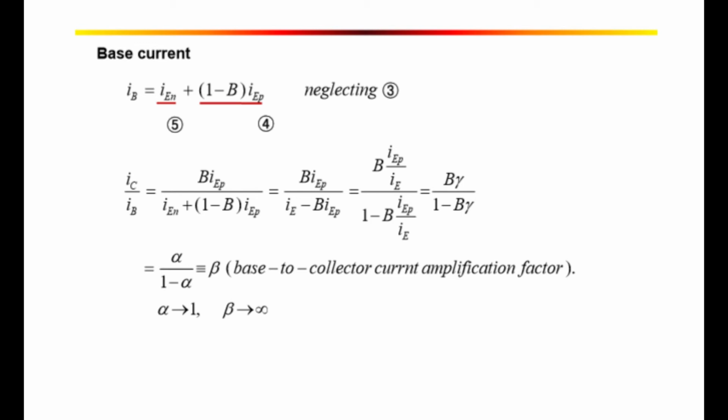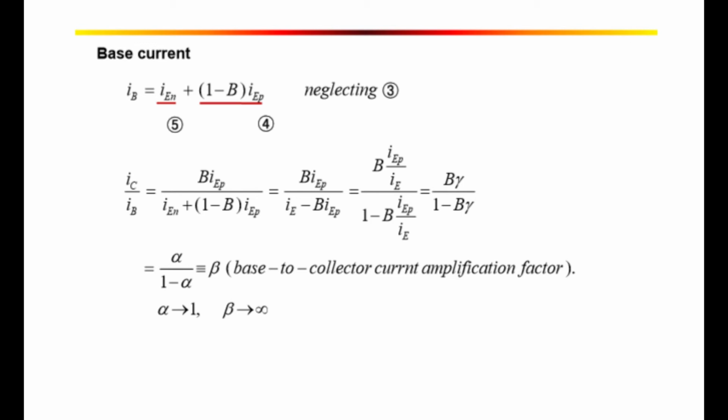Hence, when we take the ratio between the collector current and base current, we get this type of relation. When we open the bracket in the denominator, we can add the contribution from the electrons in the emitter plus the holes in the emitter, and we get the total emitter current.